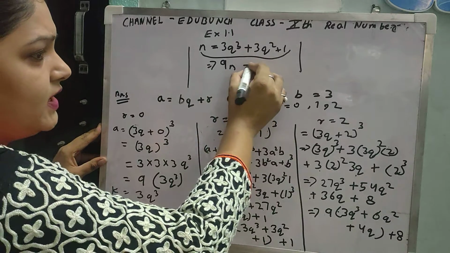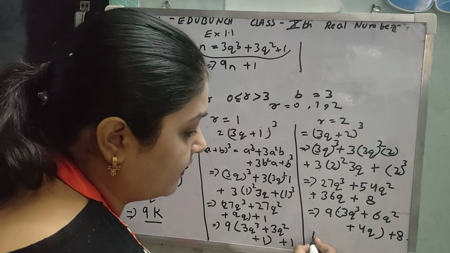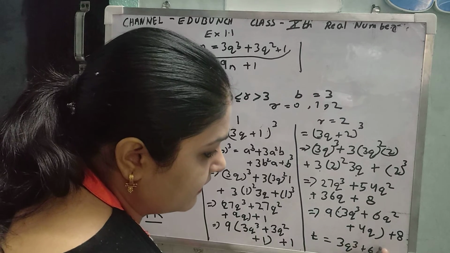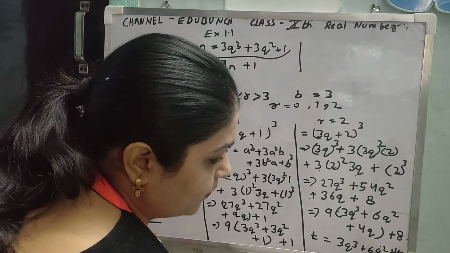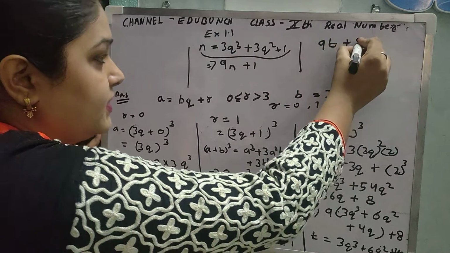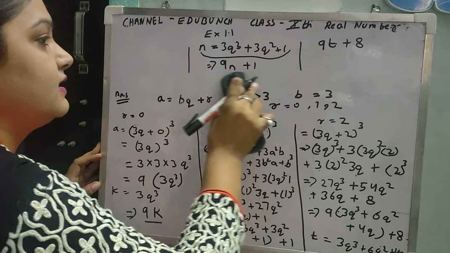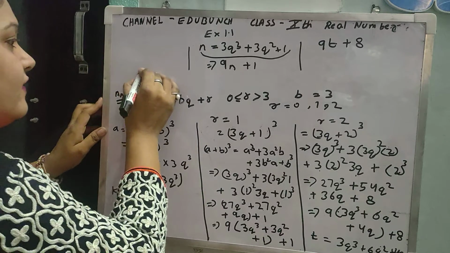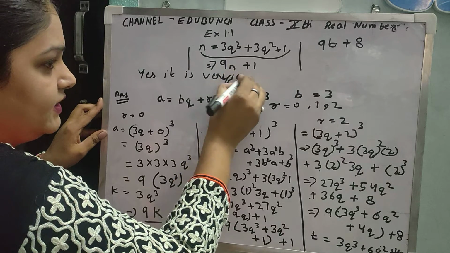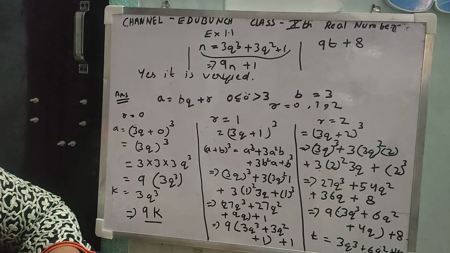And then we assume t is 3q cube plus 6q square plus 4q, so we get 9t plus 8. So yes, it is verified. So this is all about your exercise 1.1. With this question your exercise gets finished.